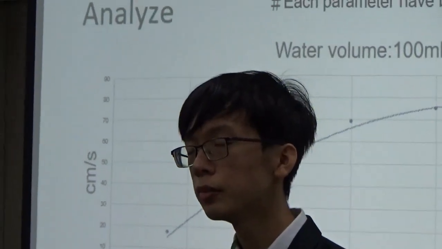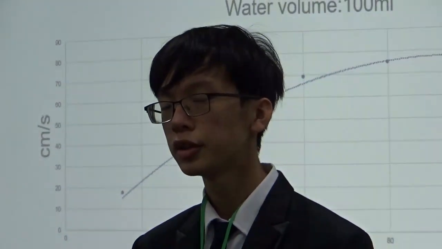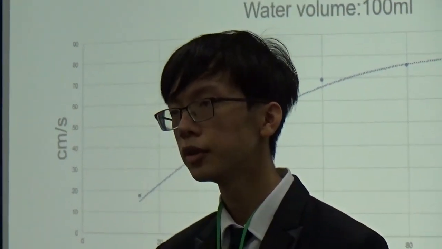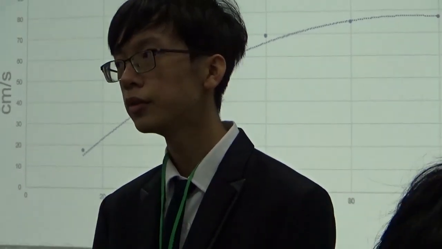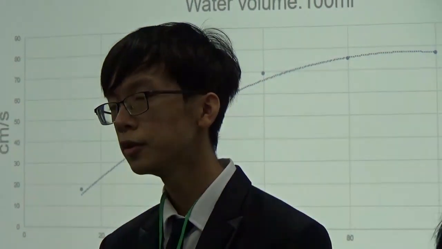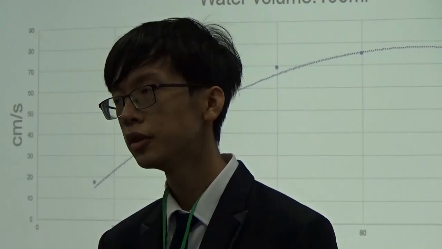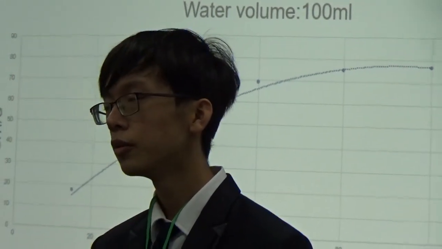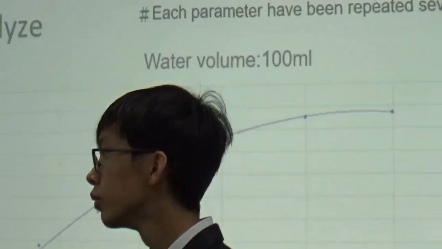Well, I believe that the main cause to lift the ball up is the water jet, and the formation of the water jet is restricted by the attributes of the container. So even if the release height increases, if the formation of the water jet cannot be completed, then there won't be a greater launch height. More questions?